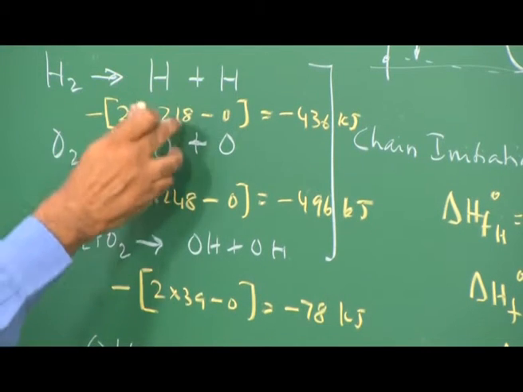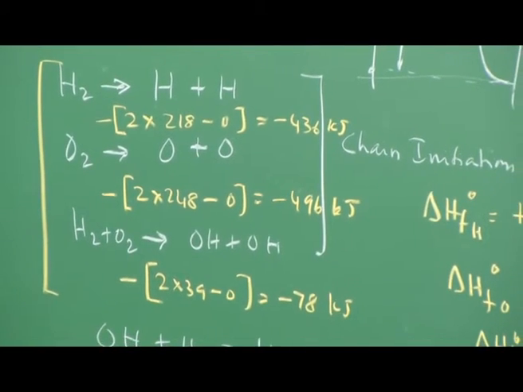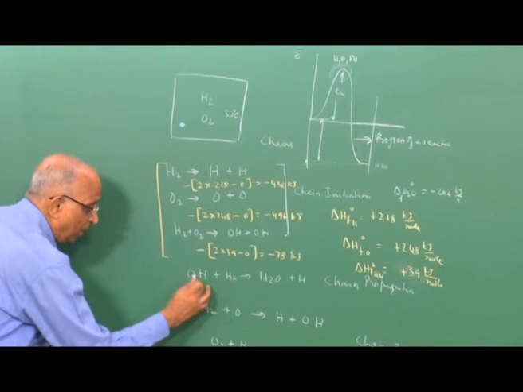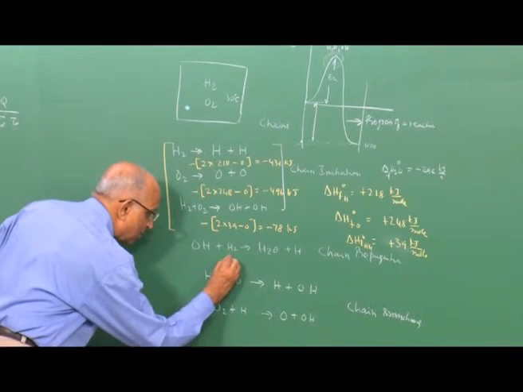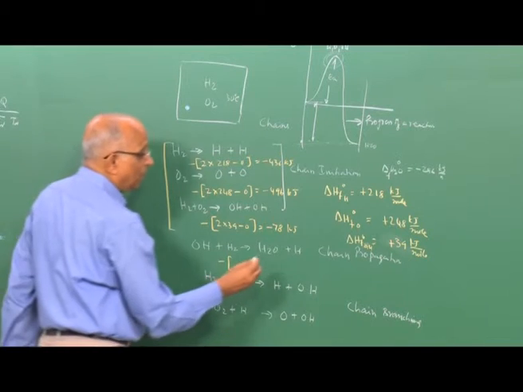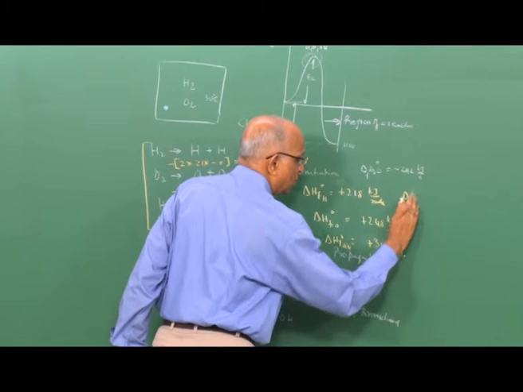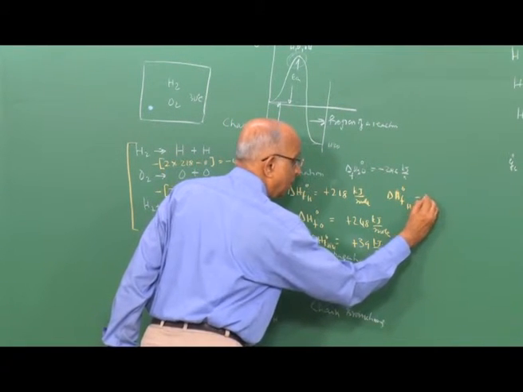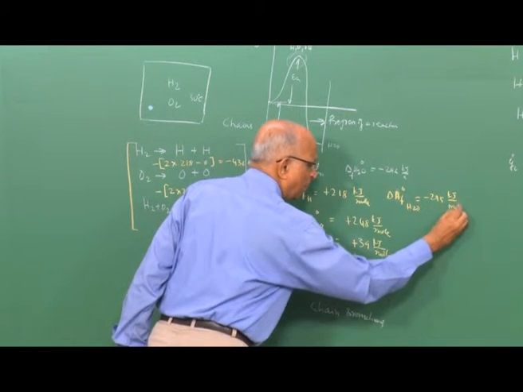That means these reactions are endothermic, they absorb energy, no heat is being liberated in the 3 chain initiation reactions. If we take a look at the heat of reaction corresponding to OH plus H2 giving H2O plus H, what do I get? Minus H2O. Well, we know by now, the heat of formation of H2O, let us say at standard condition for water as a liquid, is equal to minus 295 kilojoules per mole.